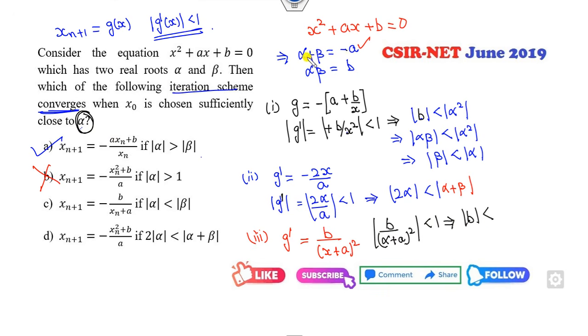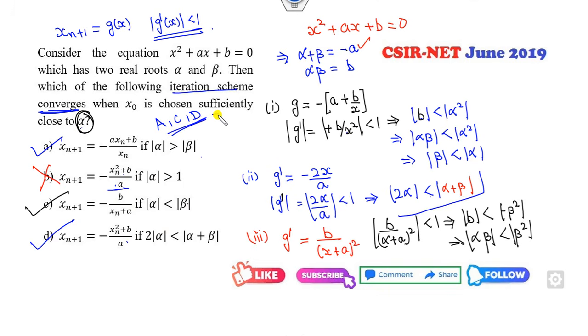You can see alpha plus a will be minus beta, so square. So what is the value of b? b is alpha beta. It is less than beta square. So clearly alpha should be less than beta. Satisfied. Look at the last option. The last option is similar to the second option, and I already obtained that 2 alpha is less than a for this option. So the correct options are A, C and D.